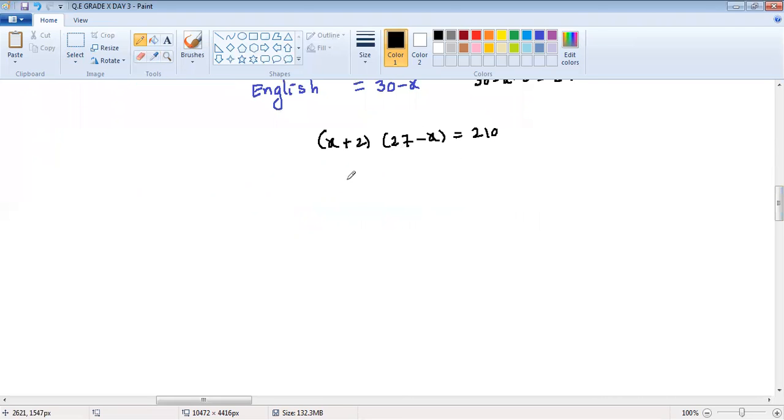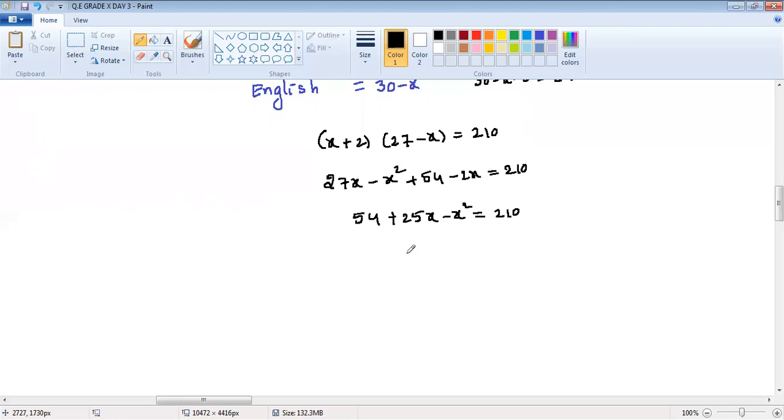Now open the bracket. X into 27, 27x. X into minus x, minus x square. 2 into 27, 54, minus 2x, which is equal to 210. So 54 plus 25x minus x square is equal to 210.